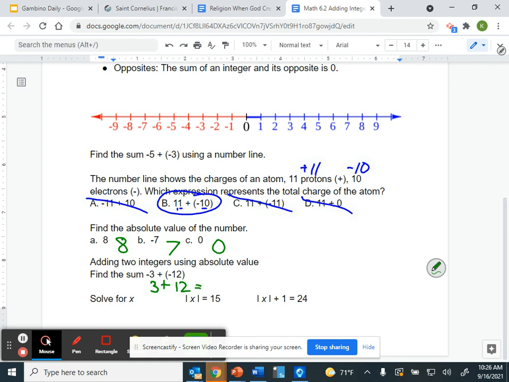So 3 plus 12 is 15. We look to that negative number there. So that was -3 plus -12 is negative 15.